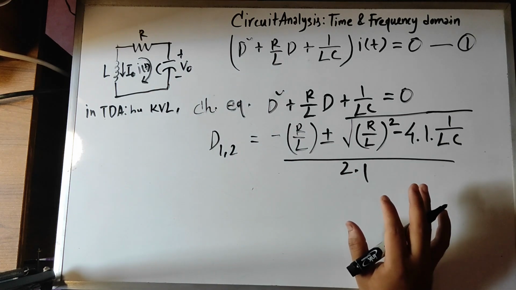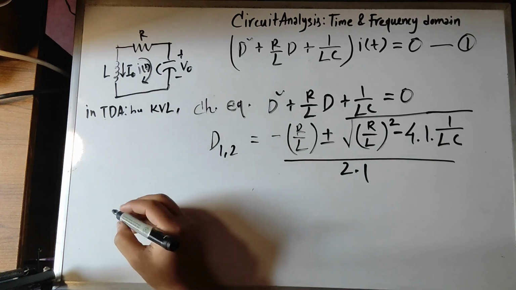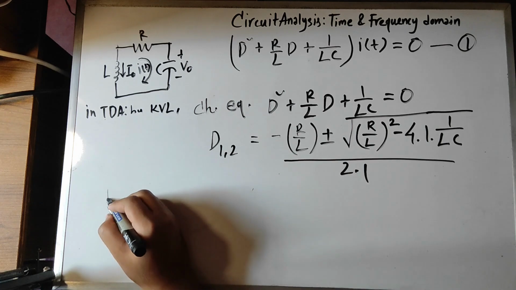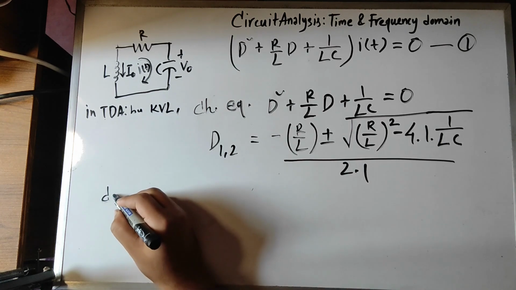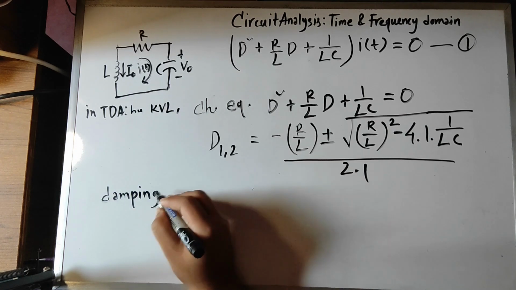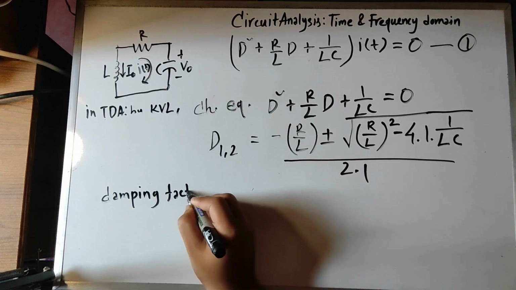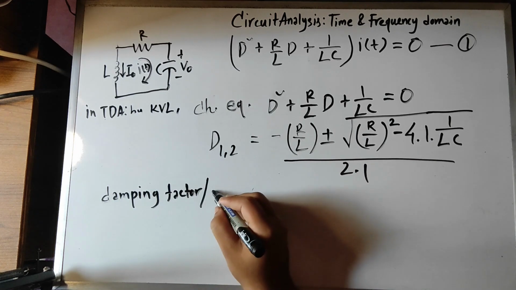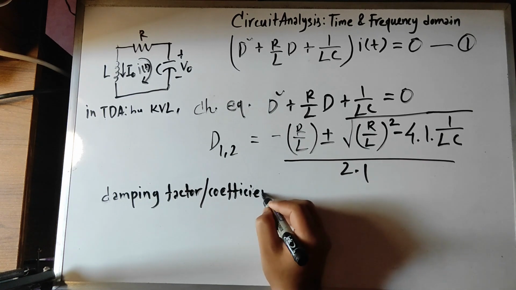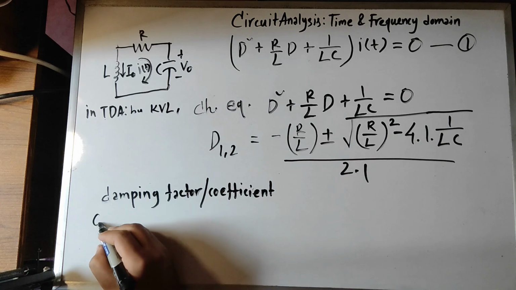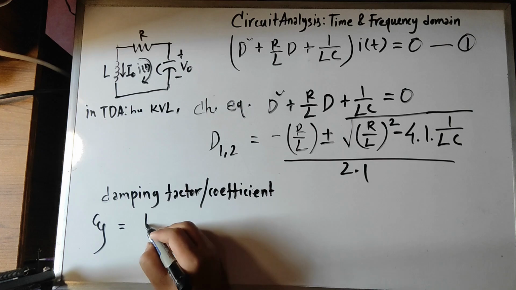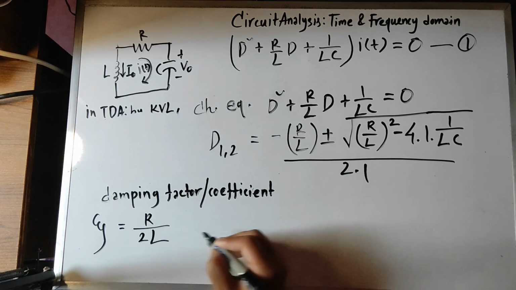So let us define the damping factor or damping coefficient, which is called zeta, which is r by 2l.